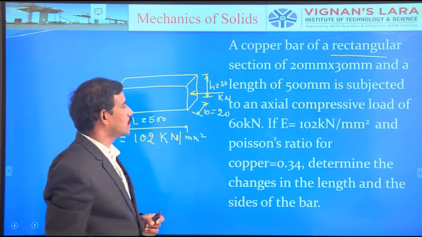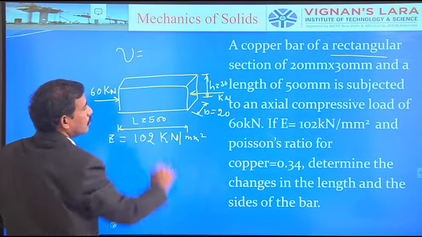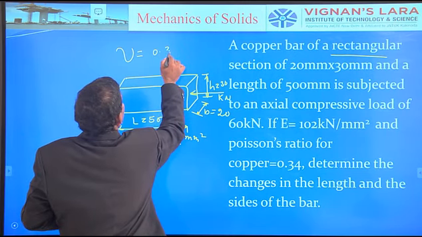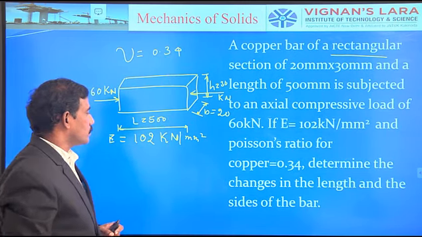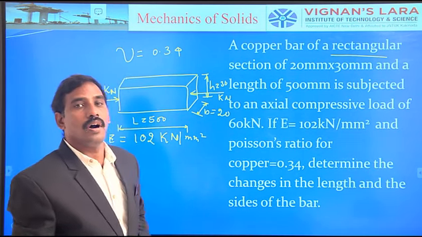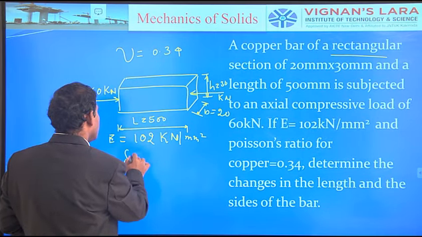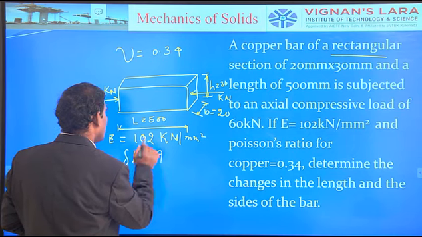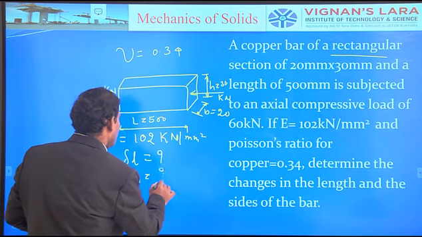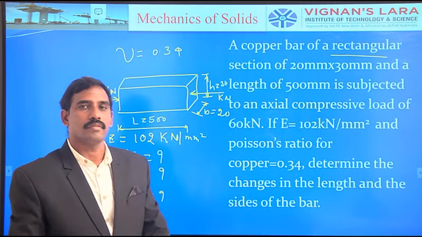Poisson's ratio is also given: nu is equal to 0.34. The data is given. Determine the change in the length and the sides of the bar. We have to calculate the change in length, delta L, delta H, and delta B. That is very important.